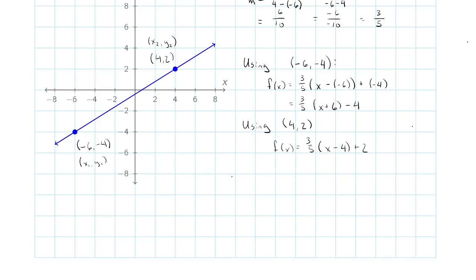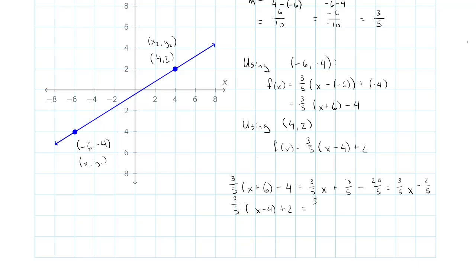The first expression, we have 3/5 times x plus 6 minus 4. That's 3/5 x plus 18/5, and then minus 4 is 20/5. So we'll have 3/5 x minus 2/5. Meanwhile, the second expression, we have 3/5 x minus 4 plus 2.